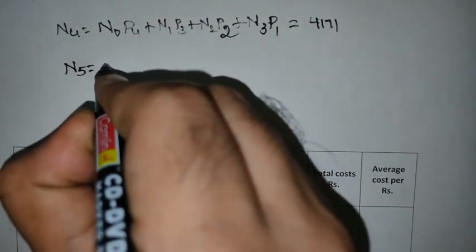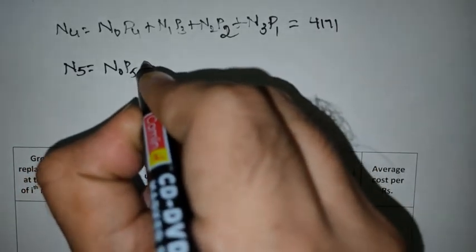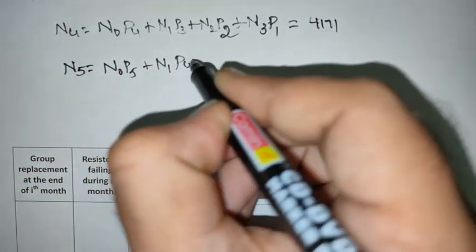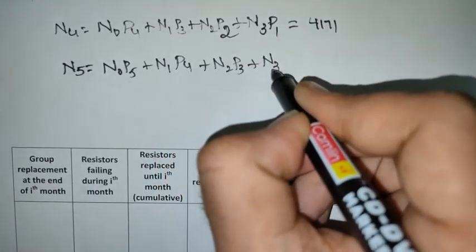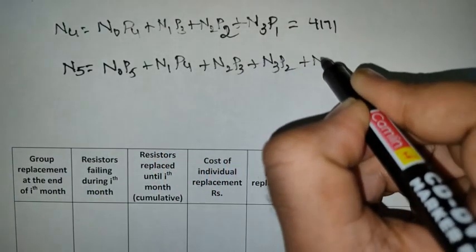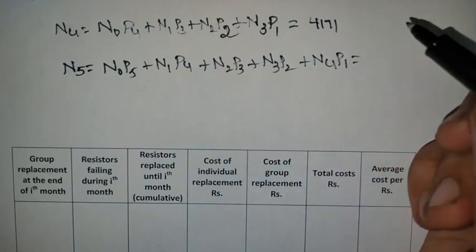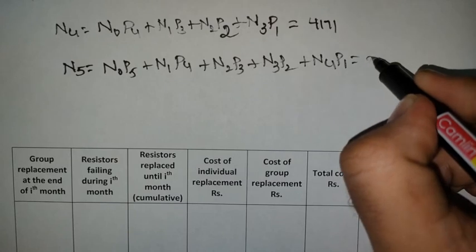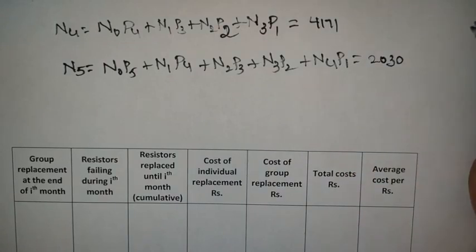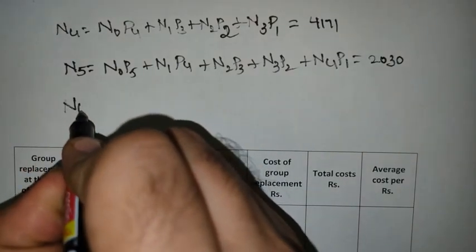Next, calculate N5. N0 into P5 plus N1 into P4 plus N2 P3 plus N3 P2 plus N4 P1. So we will get the value as 2030. And next, let us calculate N6.